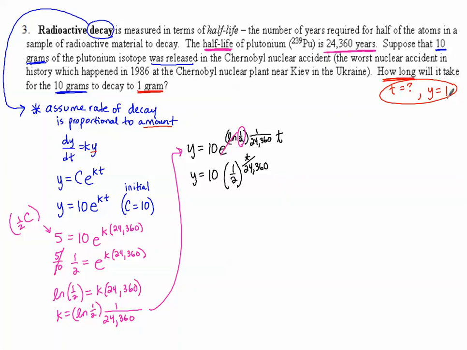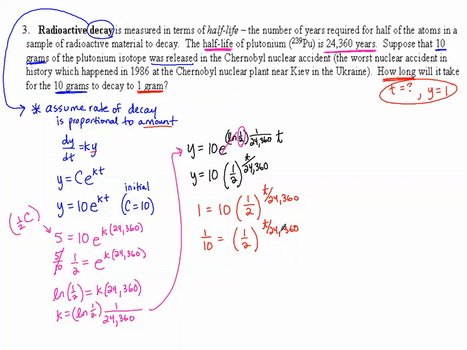Now I can go to what I need by using that equation. When y equals 1, so my y I substitute 1, t I don't know, so I leave it as t. I need to get that t by itself, so we have to do some moving over. Divide by the 10, and then I have to get the t out of the exponent. The way I get things out of exponents is when I have logs.